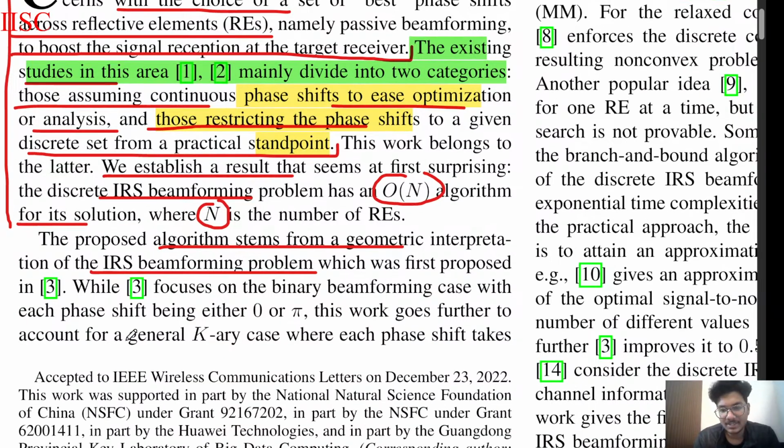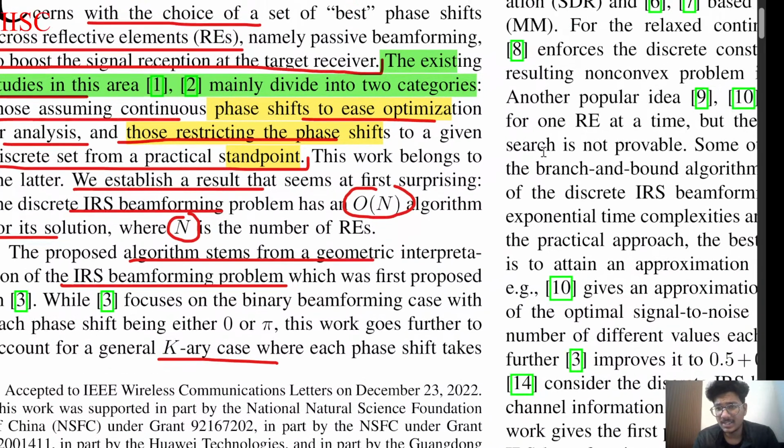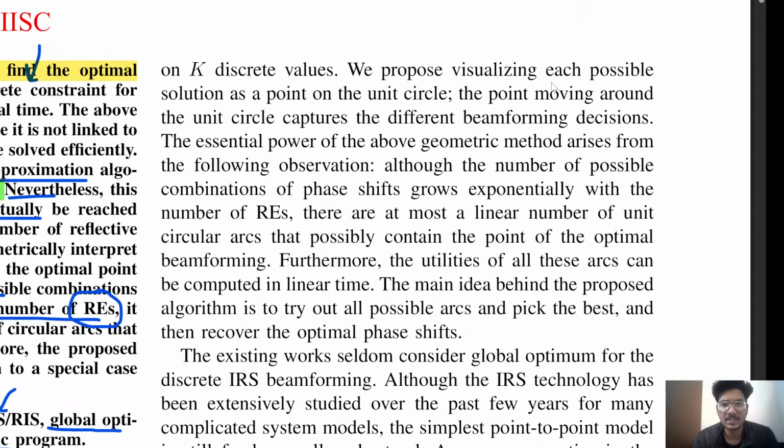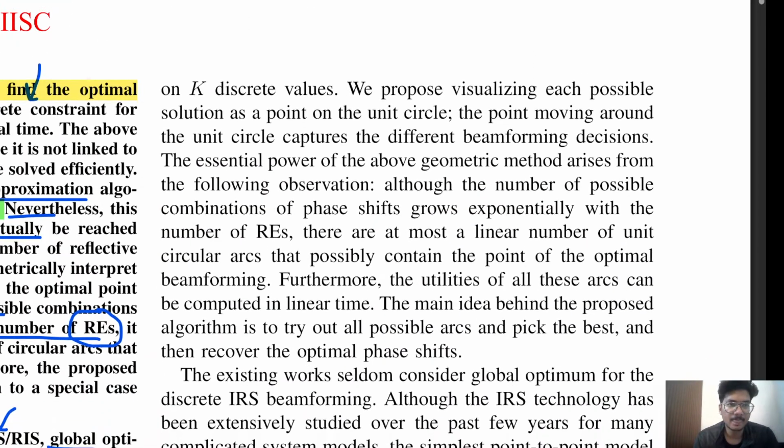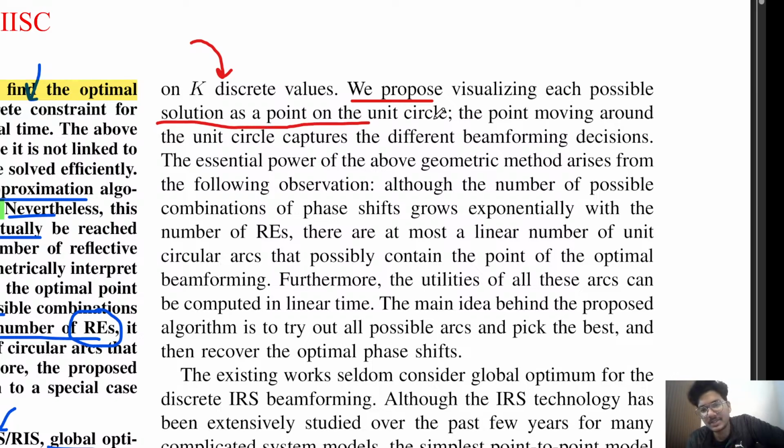The second part is the K-ary case, where each phase shift can take K discrete values. Instead of binary phase shift keying, in which we use only two values, either 0 or pi, in the K-ary case we have to choose the phase shift from K discrete values.